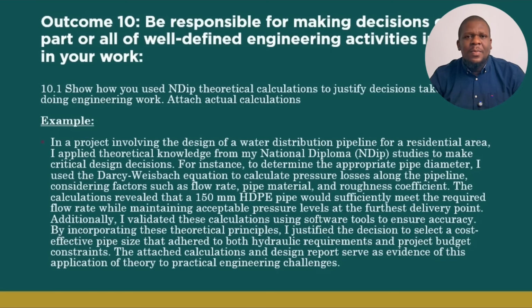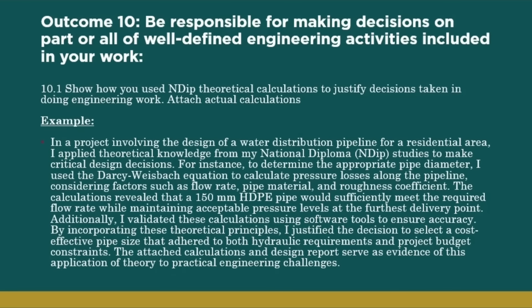Now, in terms of an example, in the project involving the design of a water distribution pipeline for a residential area, I applied theoretical knowledge from my national diploma. Which module did you use? How did that module help you to solve this problem? I applied theoretical knowledge from my national diploma to make critical design decisions. For instance, the determination of the pipe diameter.